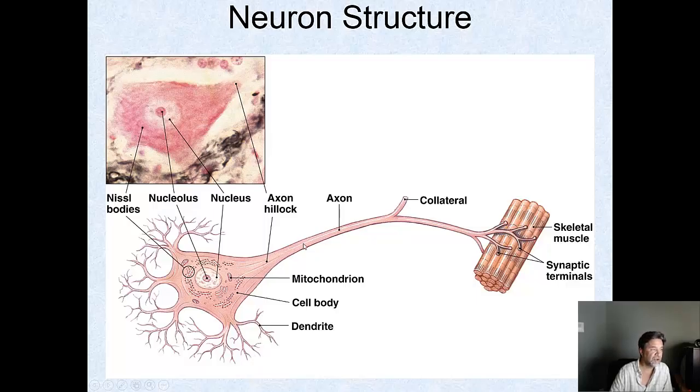All right, and then the long single extension that can have branches called collaterals sticking off of it, many and many. And you recall how we talked about this phenomena in chapter 11 with skeletal muscles, and now you can see in particular the many branches at the end here that connect every single muscle cell.